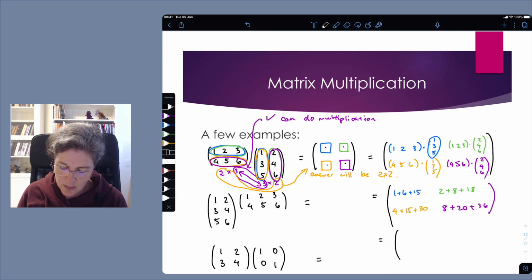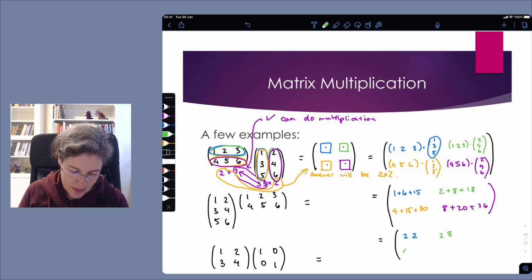So now we need to add up 1, 6, and 15. So that's going to give us 22. Let's keep our colors going. 2, 8, and 18 is going to give us 28, 45, 49.